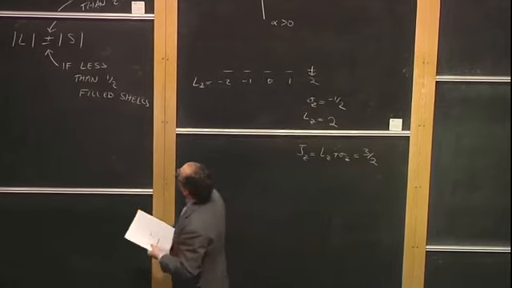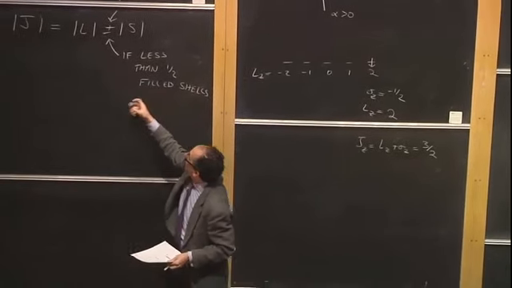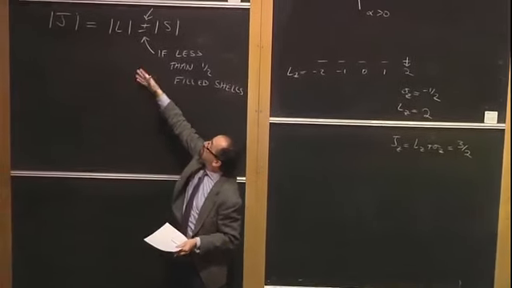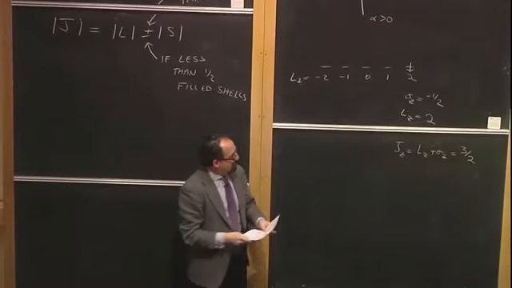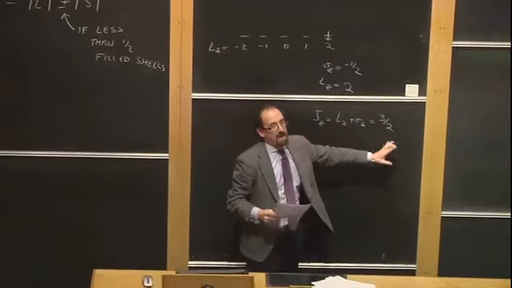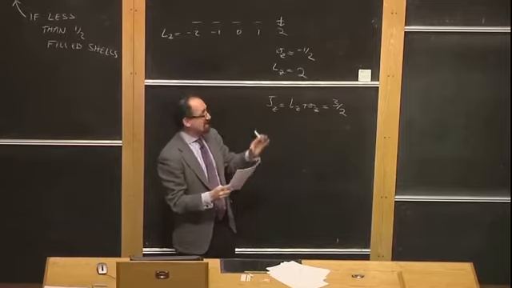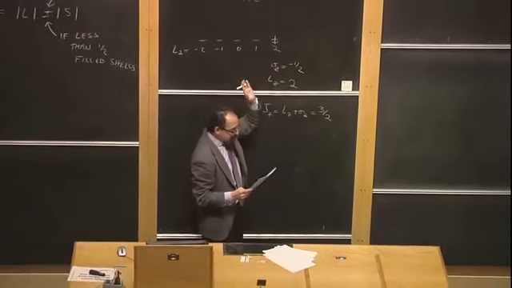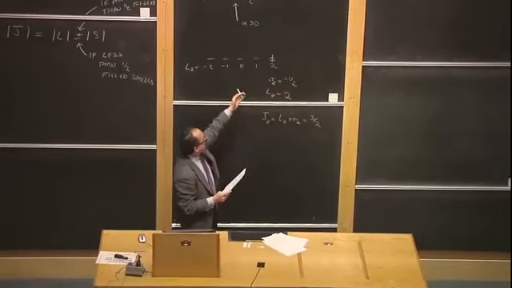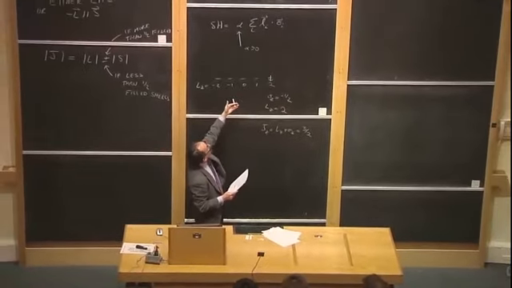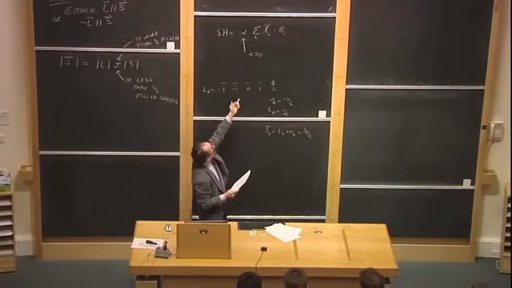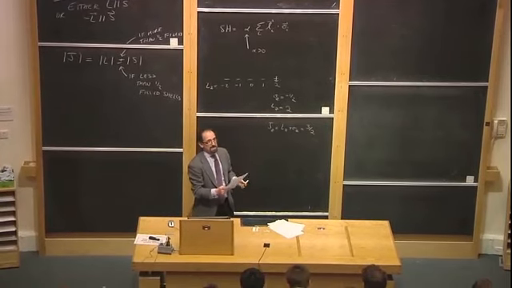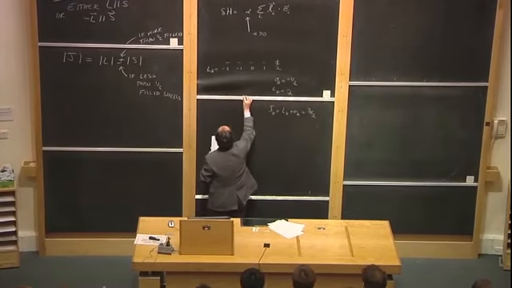And as claimed, it's a less than half-filled shell, so J is the difference of 2 and 1/2. Okay? So that works. Basically it's just telling you that when you have a less than half-filled shell, the spin and the orbit want to be pointing in the opposite direction, so spin dot orbit is negative. That's easy.